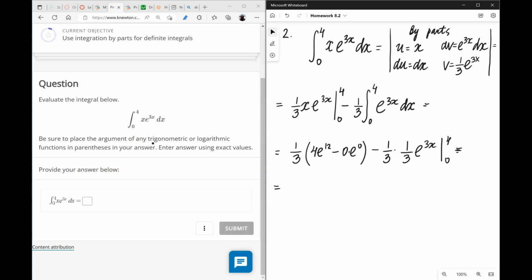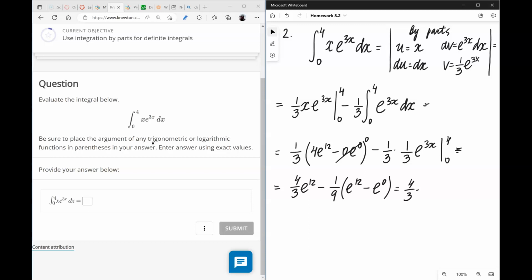Again, doing multiple things at once, this is 0, this is just 4/3 e to the power 12, minus 1/9, and here we have e to the power 3x, but we start evaluating it at the limits of integration. So it's going to be e to the power 12 minus e to the power 0.